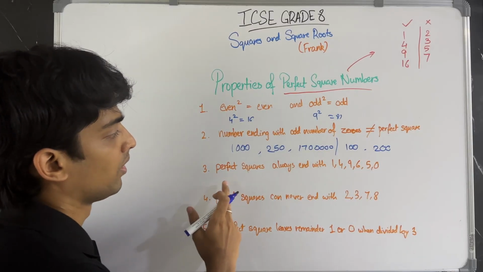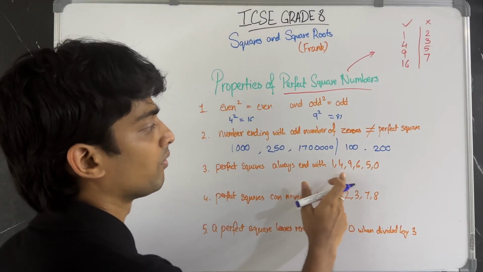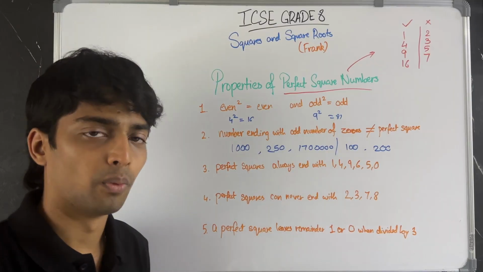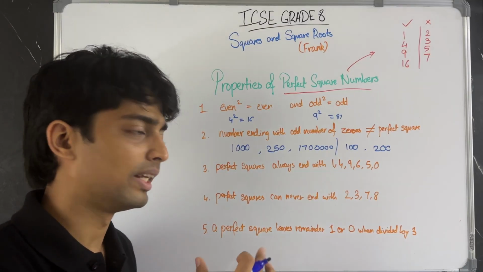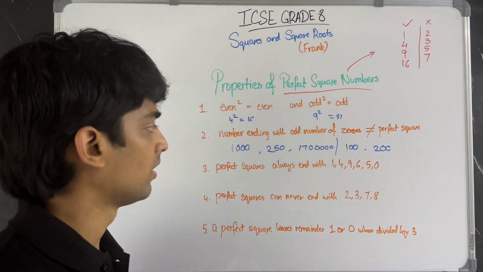Next, we have perfect squares always end with 1, 4, 9, 6, 5, 0. Now pause for a minute and think, why is this the case?